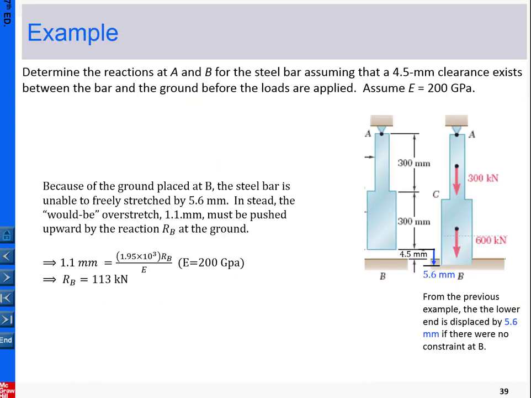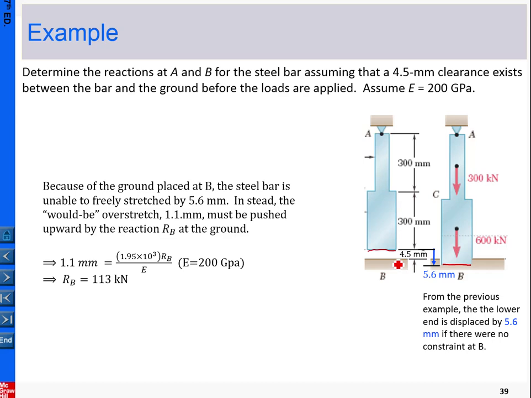Now for this problem, if we have a gap of 4.5 here, see what happens. From our previous calculation, if there were no such constraint, end B is free to move by 5.6 millimeters.